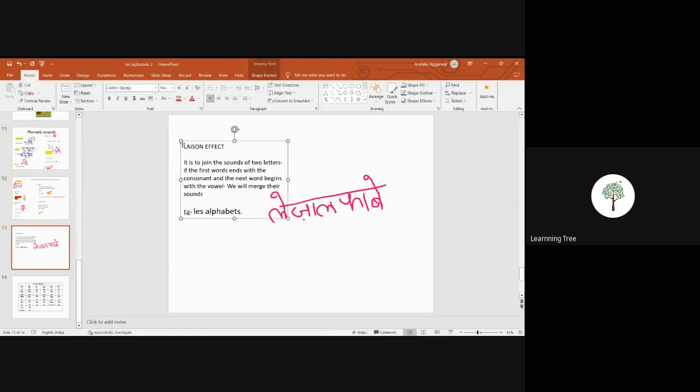So basically what does Liaison effect do? It basically joins the sound of two letters. So if the first word ends with a consonant and the next word begins with a vowel, मैं उन दोनों की साउंड को मर्ज कर दूंगी. जैसे मैंने बोला कि मैं लास्ट अल्फाबेट को नहीं बोलती हूँ, बट इफ यू नोटिस्ड मैंने बोला था les alphabets, मैंने यहाँ पे S की साउंड क्यों दी?